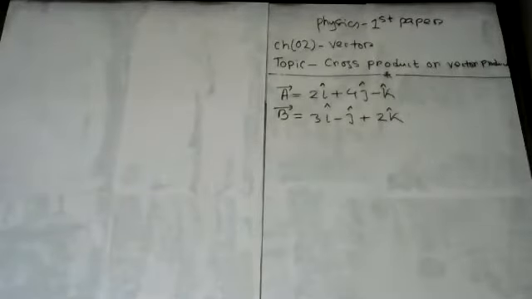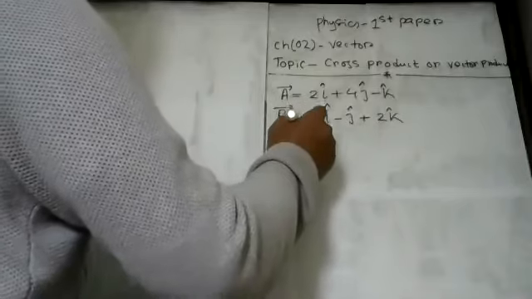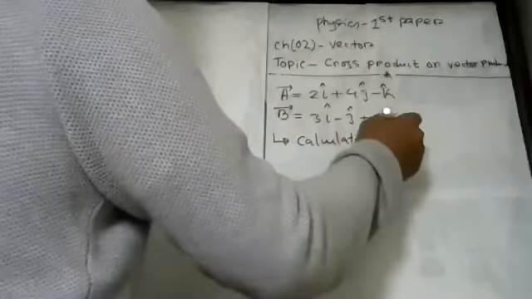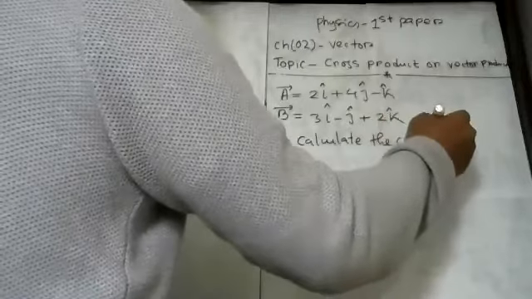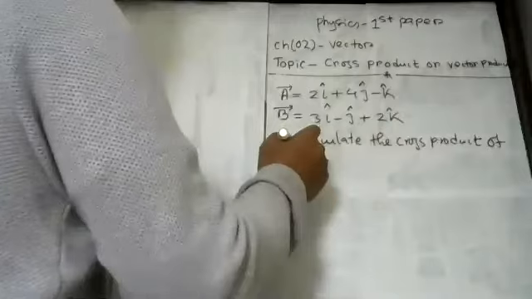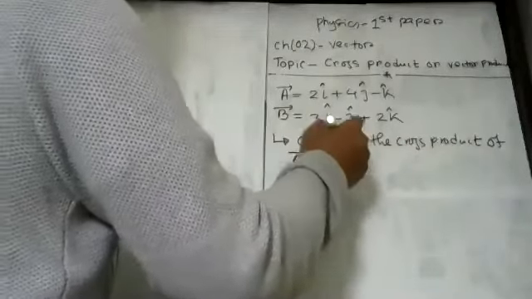The question is: you are going to find the cross product of vector A and vector B. Calculate the cross product of vector A cross vector B.